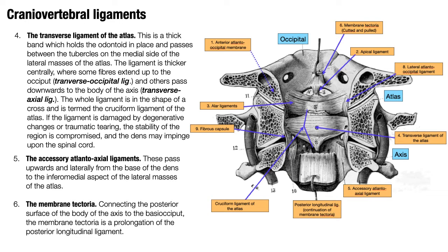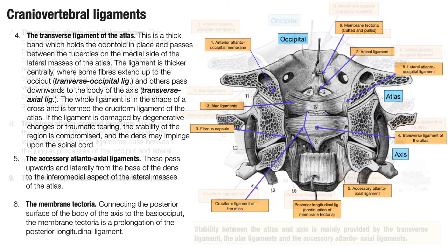Okay, you understand that. The accessory atlantoaxial ligaments attach the base of the dens to the lateral masses of the atlas. So they collaborate in maintaining the dens at its right place. And then we have the membrana tectoria, which is a prolongation of the posterior longitudinal ligament. We'll see it later. And in this area, it reaches the occiput, which is situated above.